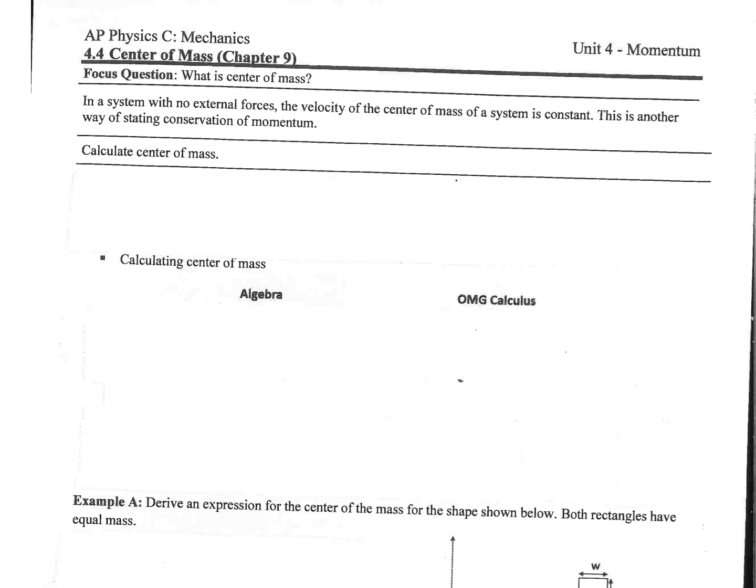Well, the first thing you need to know is that the center of mass is also the center of gravity, another way of saying it. Okay, so it's the center of gravity, which means that it is the average position of a collection of particles.